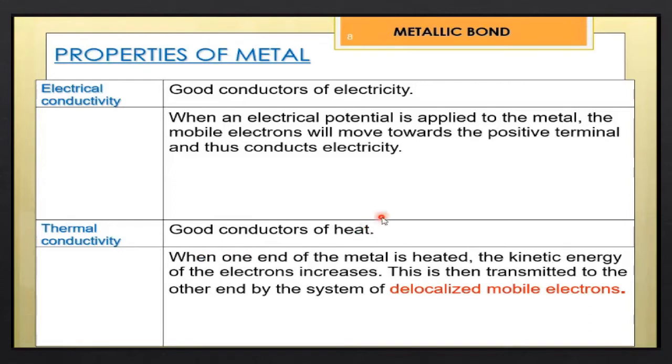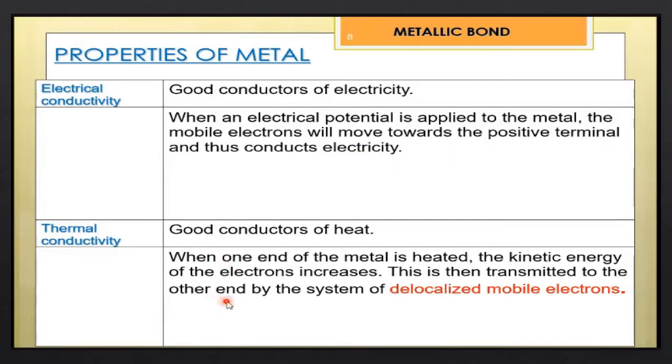The explanation is mainly due to the free electrons. The mobile electrons can move around. You check the explanation. When an electrical potential is applied to the metal, the mobile electrons will move towards the positive terminal and thus conduct electricity. Because electrons are negatively charged, that's why they move to the positive terminal.